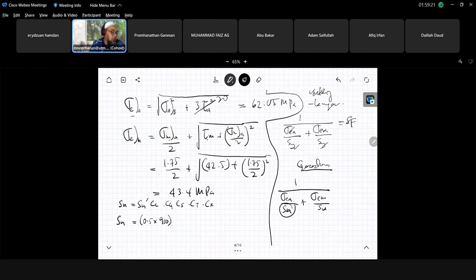I have looked already the value of load factor, size factor, surface factor, temperature factors. So load factor 1, size factor 0.9, surface factor approximate 0.9, temperature factor, there's no mention of any temperature, just 1. Same as reliability factor, no mention of any reliabilities, so just 1. So you get the value of 364.5 megapascal.